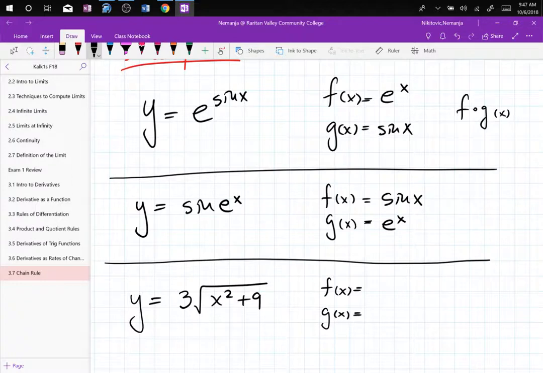When you start looking at this, just ignore 3 because you know that's going to end up being with f. So if you're ignoring 3, you have 2 functions to consider. So what are the 2 functions you are considering in this case?